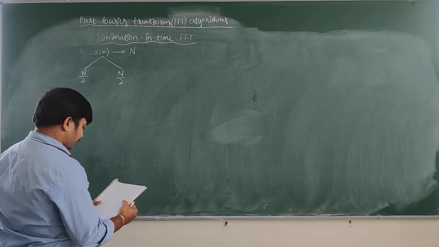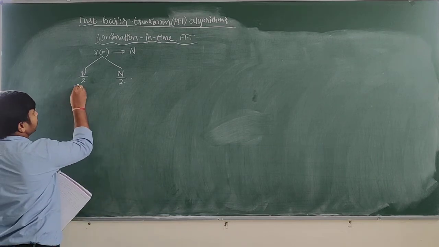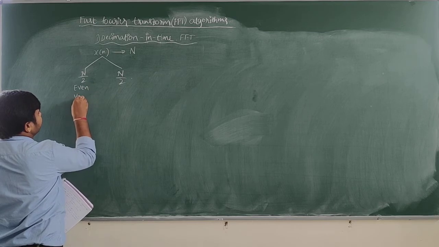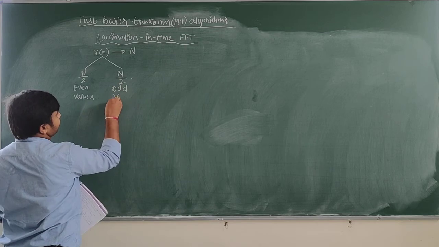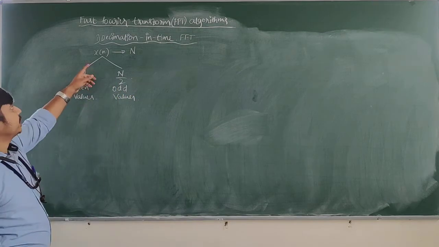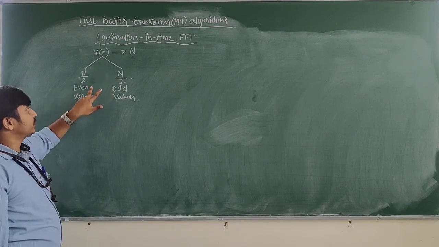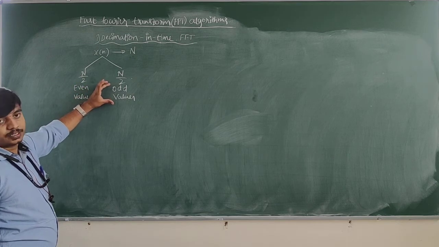One is composed of even indexed values and the other is composed of odd indexed values. So x of n is split into an even sequence and an odd sequence.